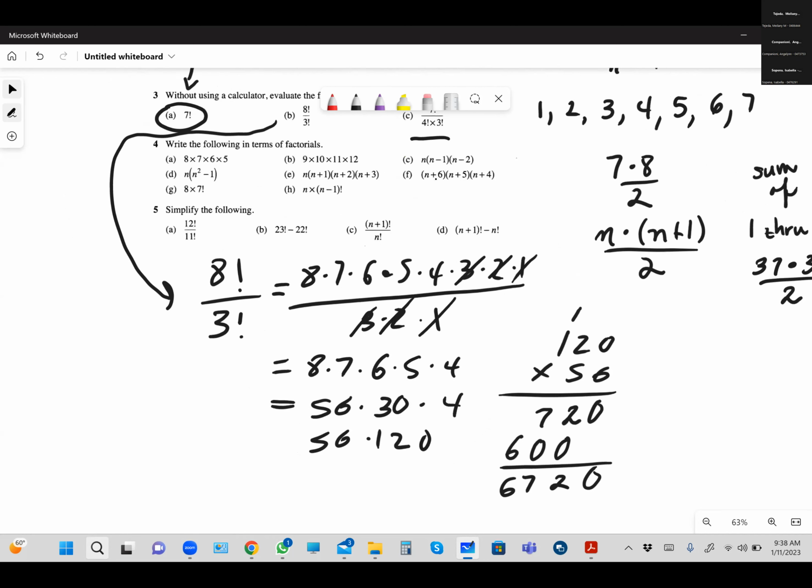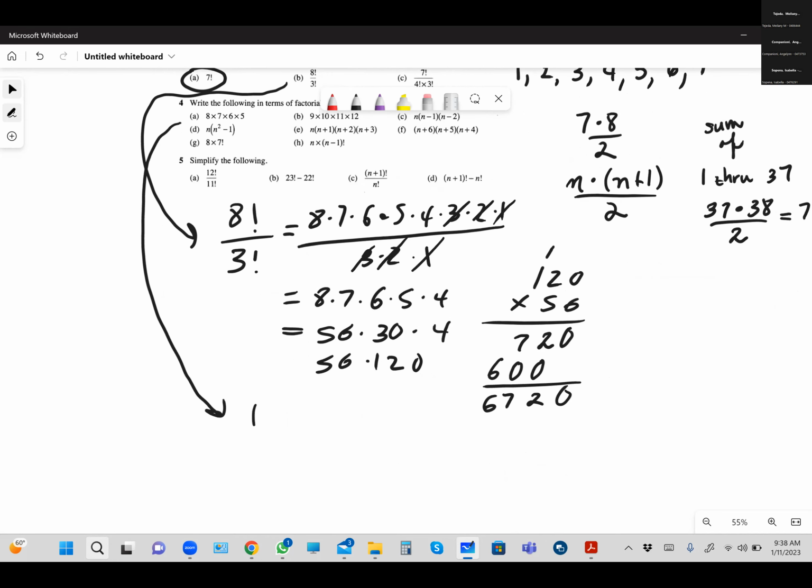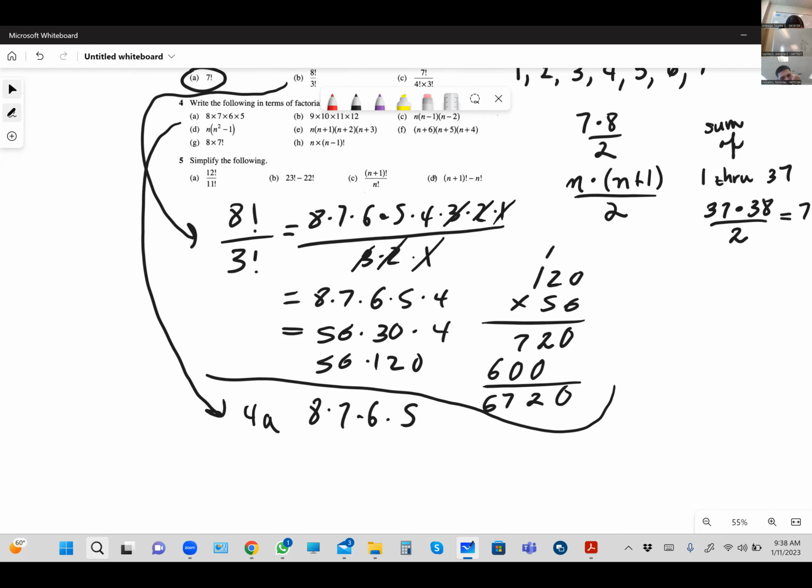Like, for instance, look at number 4A. They write the following: 8 times 7 times 6 times 5. How can I write that in terms of factorial? Look. 8 factorial divided by 4 factorial.